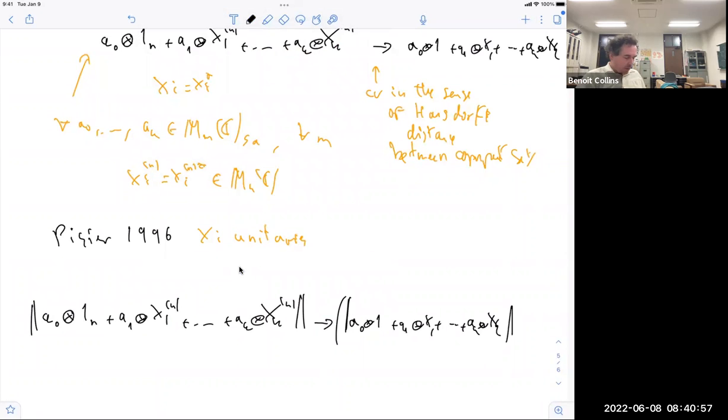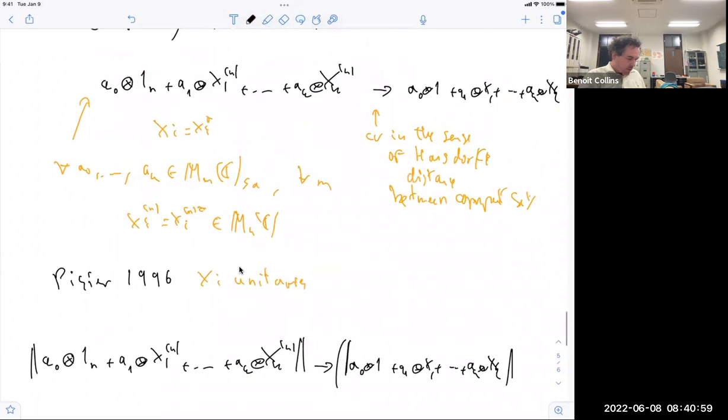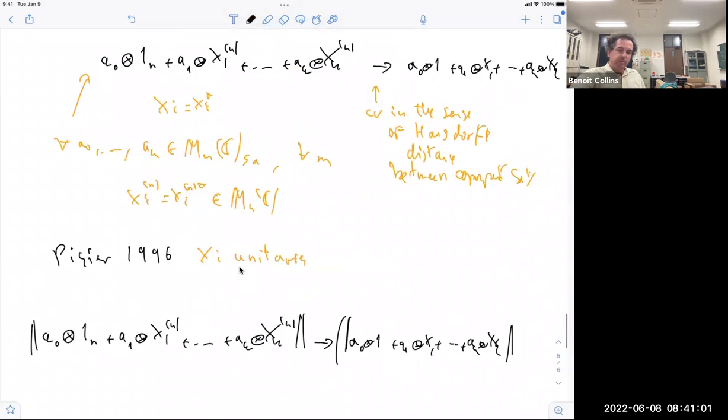Right. So actually, subsequently in the work of Charles Bordenave and I, we use more of a PCS version, which is lighter somehow than the Hausdorff distance version, because we're working with unitaries, so we can afford to do that.